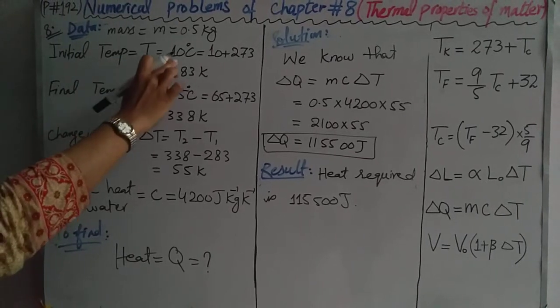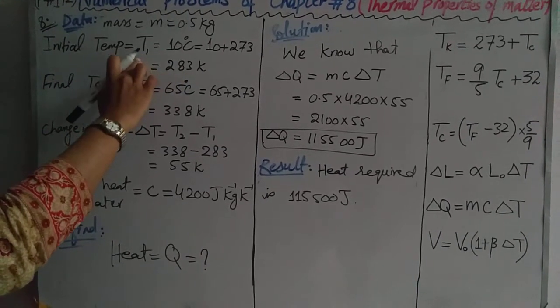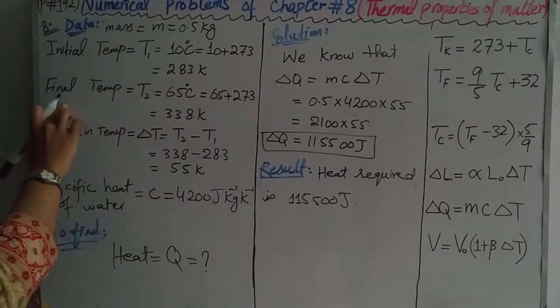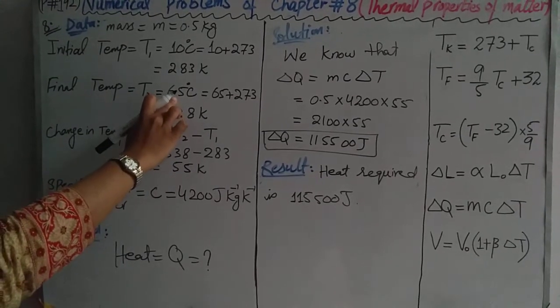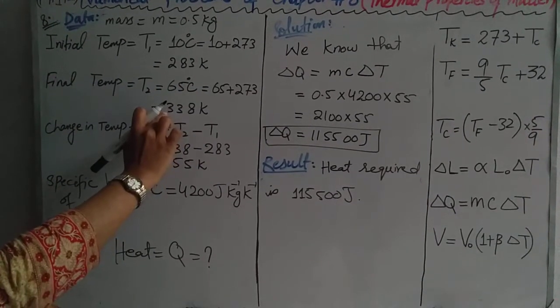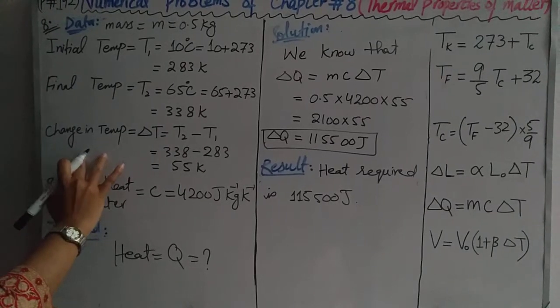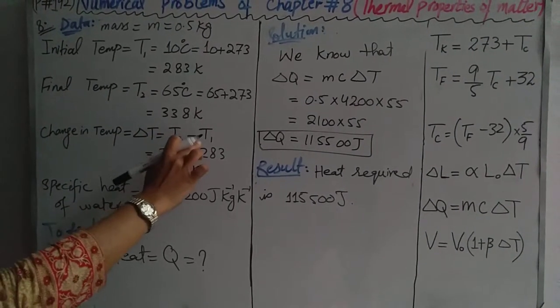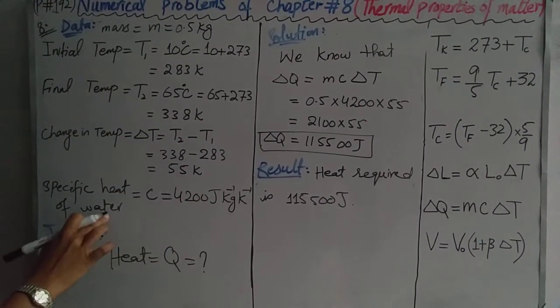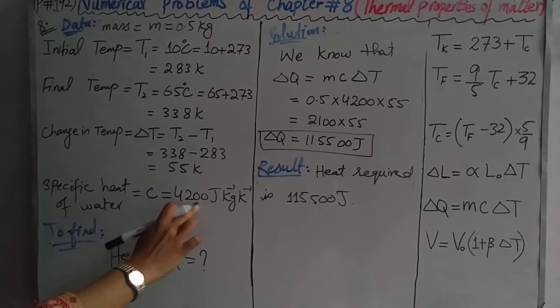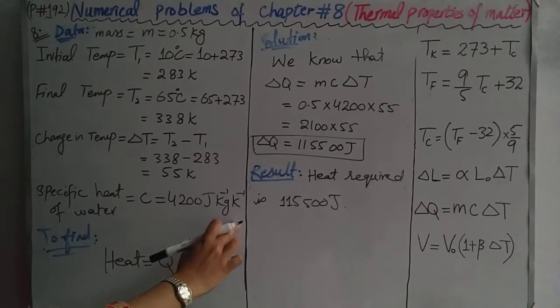Initial temperature T1 is 10 degrees centigrade; first of all, we convert into the Kelvin scale. Final temperature T2, 65 degrees centigrade, we convert into the Kelvin scale. And now change in temperature is the final value of temperature minus the initial value of the temperature. And specific heat of water c is 4200 joule per kg per Kelvin.